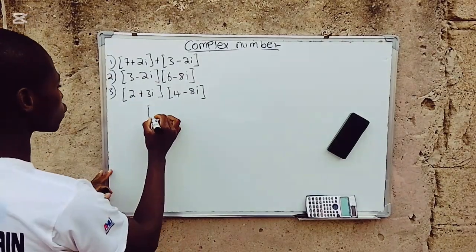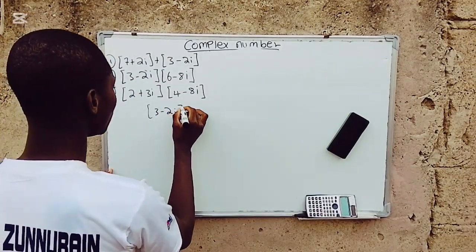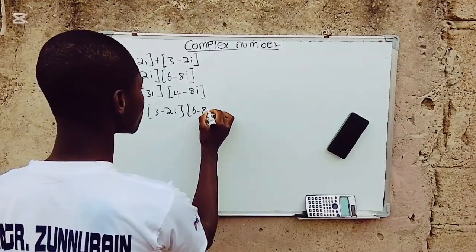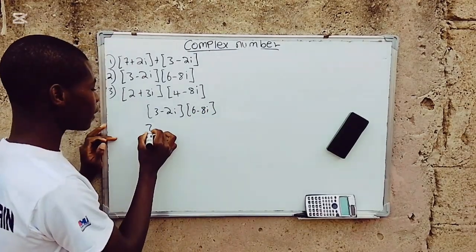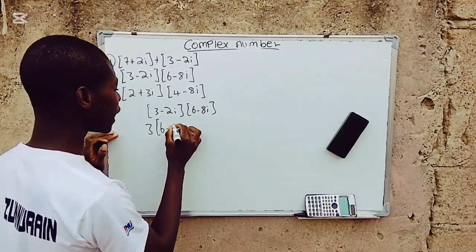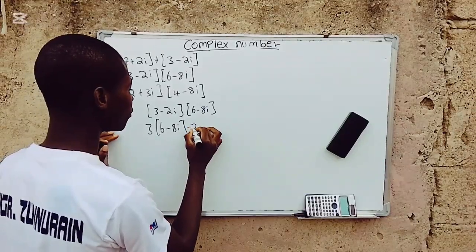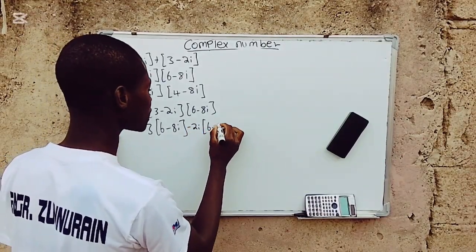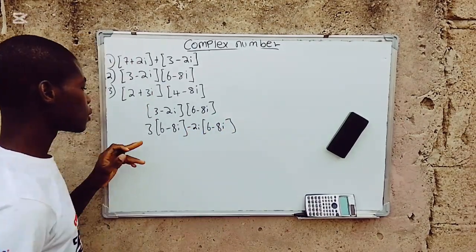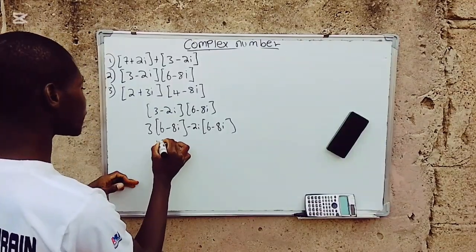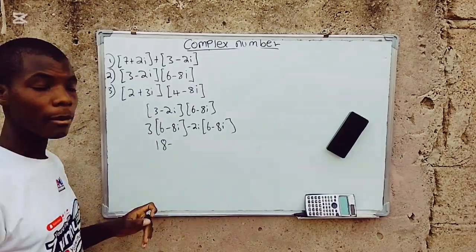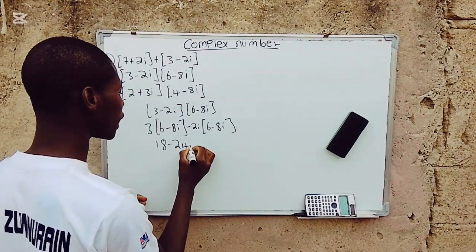Second question, which is 3 minus 2i multiplied by 6 minus 8i. So I have 3 multiplied by 6 minus 8i, and minus 2i multiplied by 6 minus 8i. Therefore 3 multiplied by 6 is 18, and minus 3 multiplied by 8i is minus 24i.